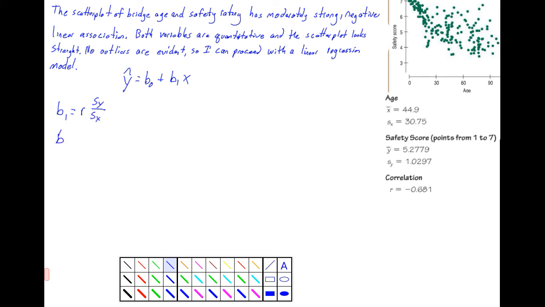B naught is your y-intercept, essentially, and it's y bar, the average value of your response variable, minus b1, which we're actually calculating the slope when we find b1, the slope of the regression line, and x bar, the average value of the explanatory variable, which in this example is age.